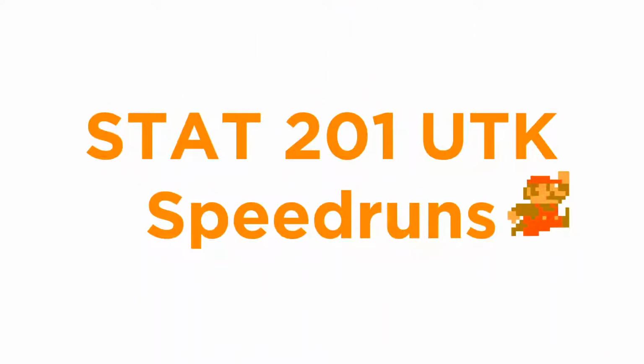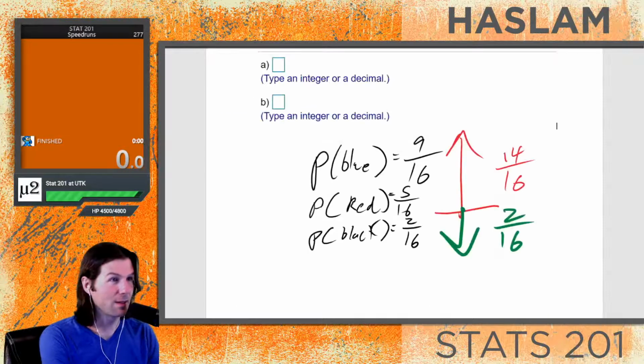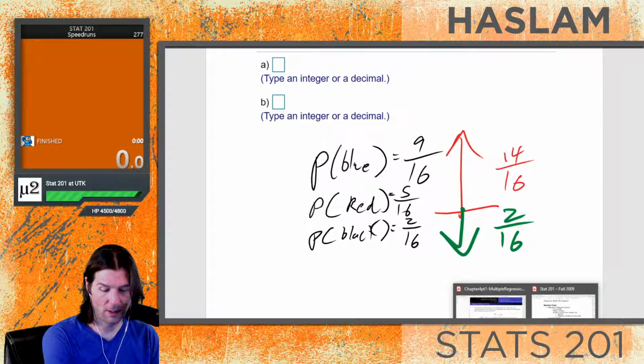So let's get ready here. I need to get the screen situated. You have to do a certain screen situation for epic speedruns. Okay. Let's head over to that epic speedrun screen. Let's do this. Okay. Speedrun. Let's get this open. We need to be over here.